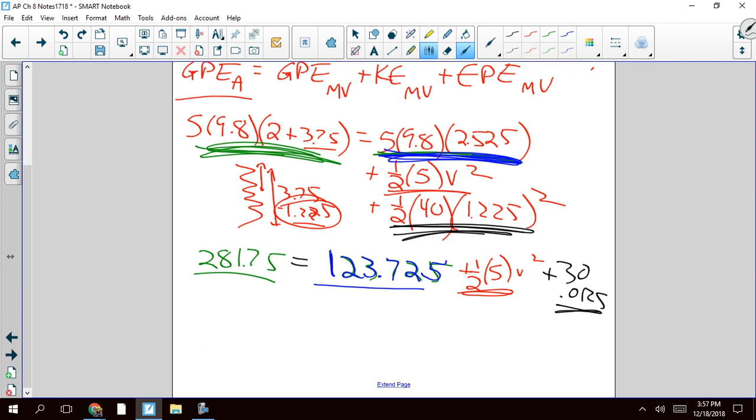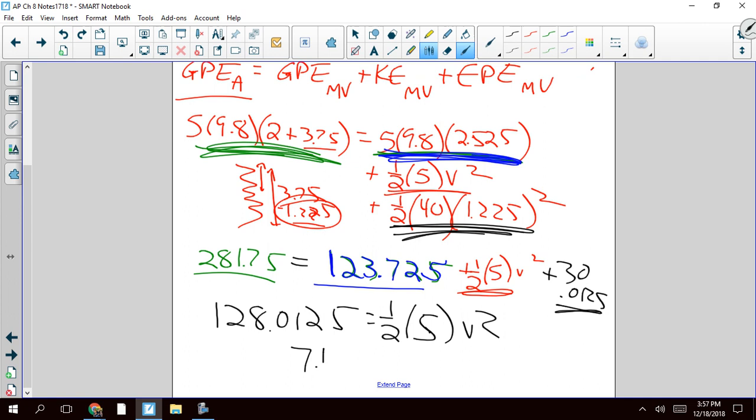All right, so if you subtract the numbers from both sides, you get 128.0125 equals 1/2 times 5 times V squared. So divide both sides by the 2.5, and then take the square root, and you get 7.16 meters per second.